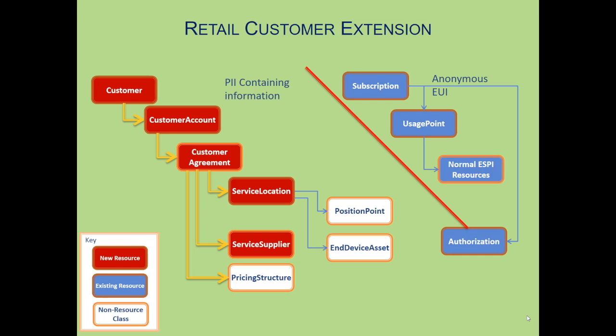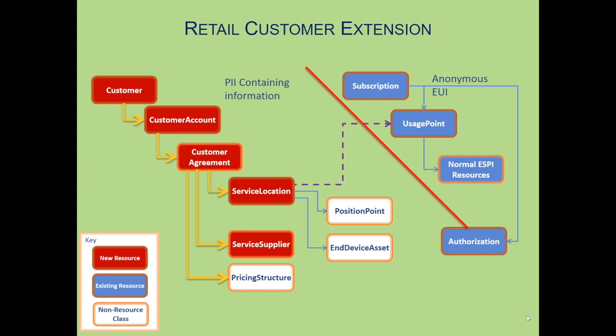So how do I relate this? The UUID in the service location must be the same as the UUID in a usage point. That way, if I have 5 usage points, I have 5 building locations, and I can tie the demographic information to the data. This merge, aggregation, if you would, is done by the receiving third party.